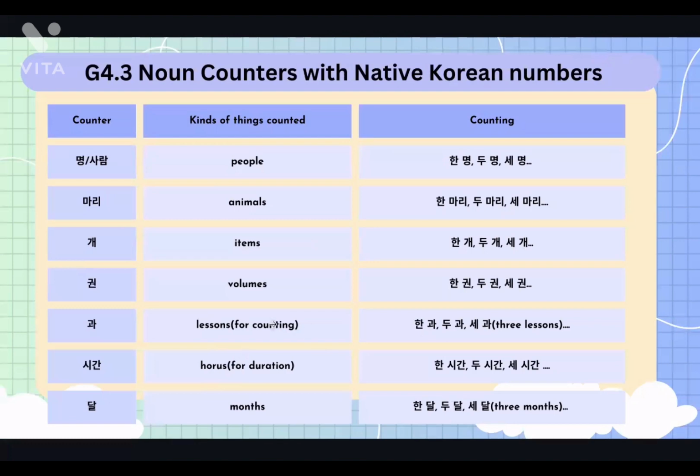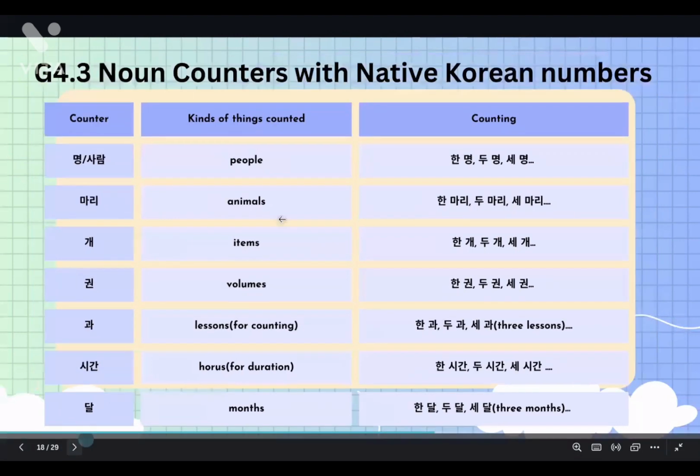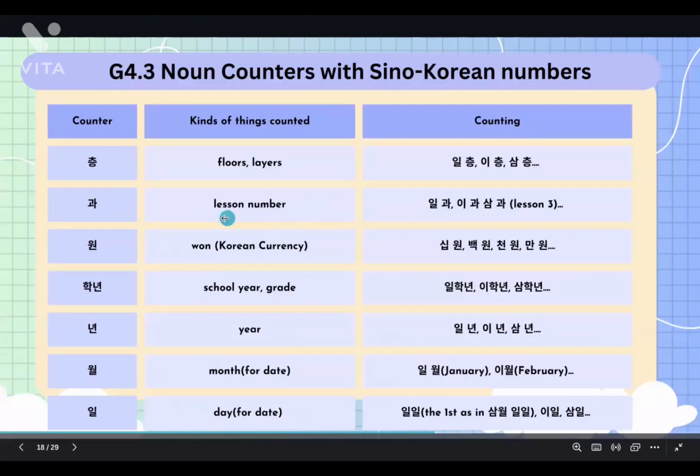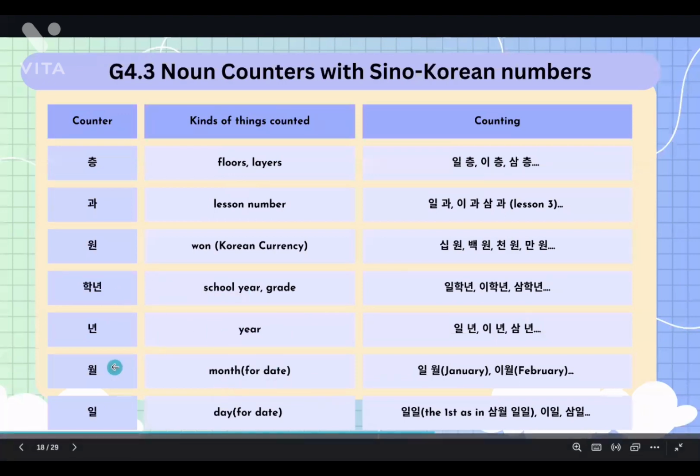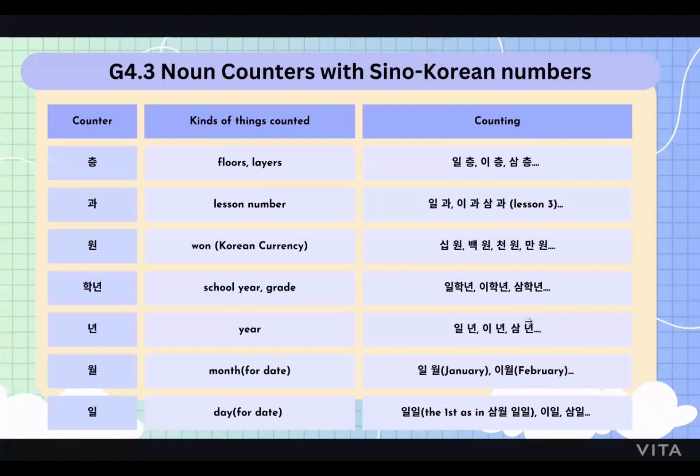So that's 세 과. But the next one is lesson number. So 1과, 2과, 3과. Right now we are learning lesson 4, 그쵸? Lesson number 과입니다. And also Korean currency, school year, grade 학년, year 년, month for date 월, day for date 일. So in this case, you should use Sino-Korean numbers.